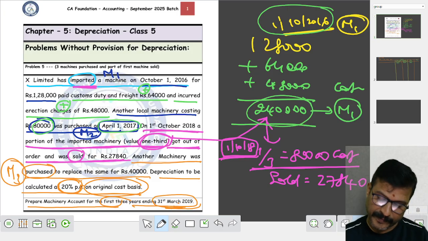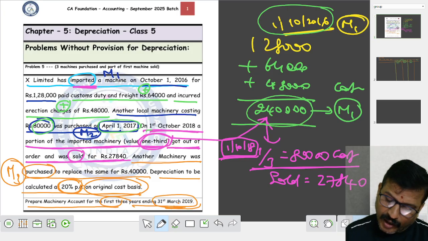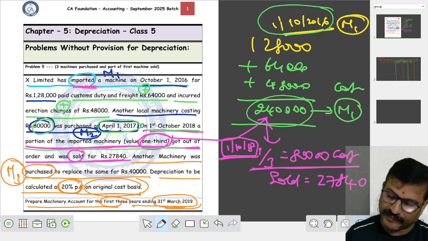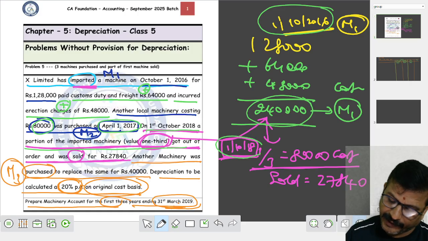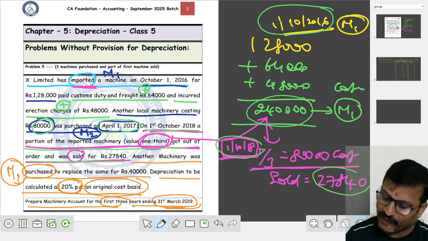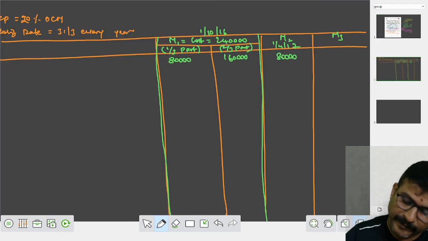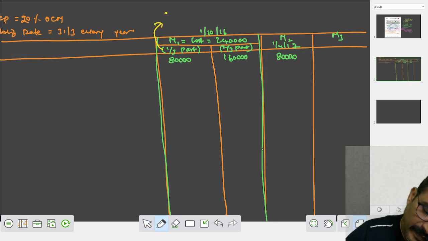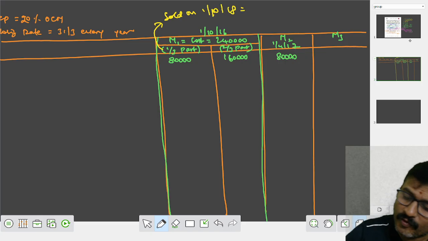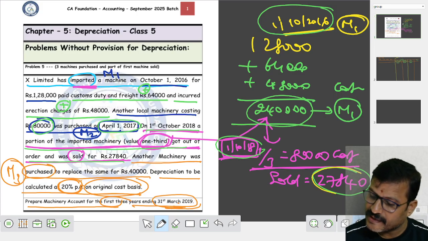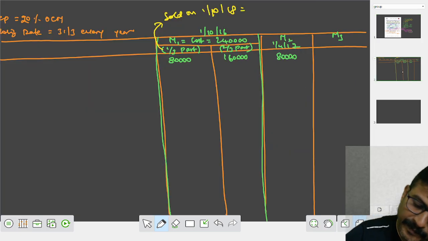Then what next? On October 18, a portion of the imported machine, one third, got out and was sold for 27,840. When? 1st October 18. So now I write this, right? Sold on 1st October 18 for how much rupees? 27,840.